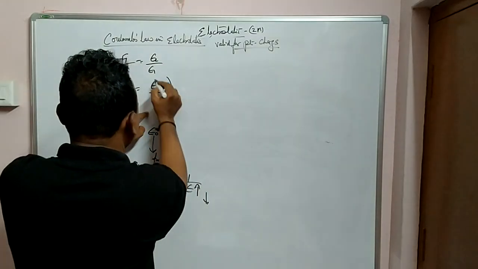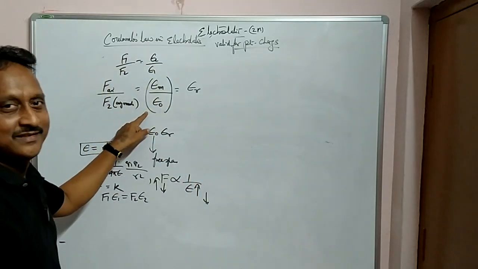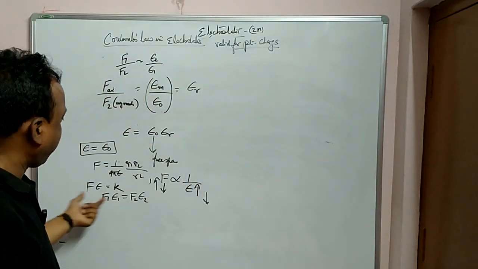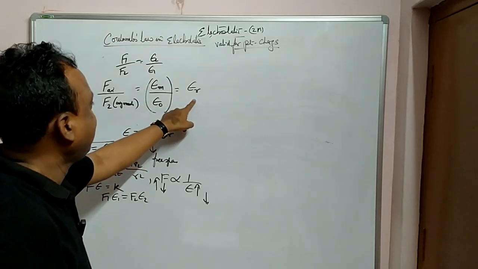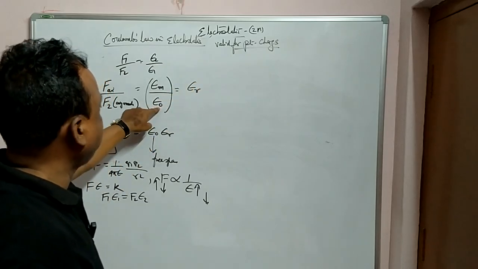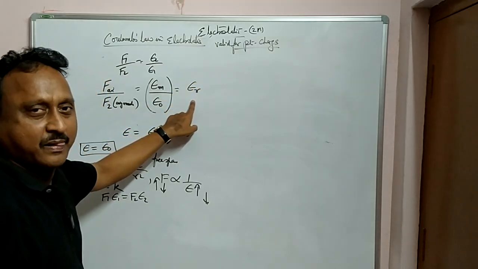But what is this one? Epsilon naught R. Because I gave epsilon medium by epsilon naught earlier. Epsilon by epsilon naught is equal to epsilon R. Is that clear? So permittivity of the medium by permittivity of free space is equal to relative permittivity or dielectric constant.